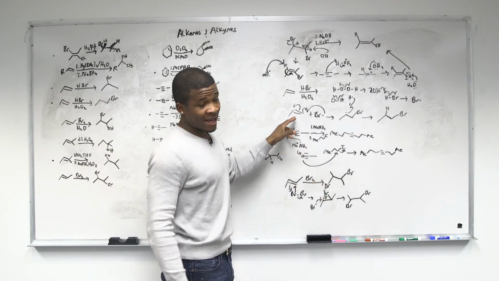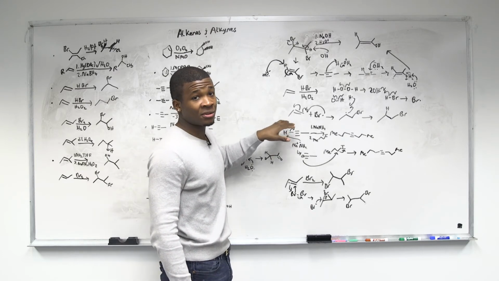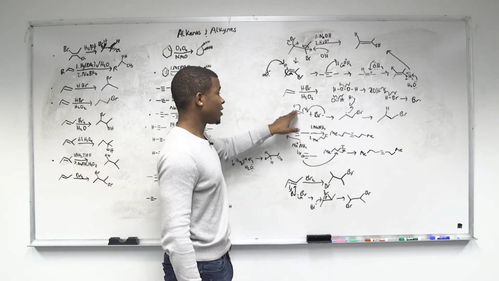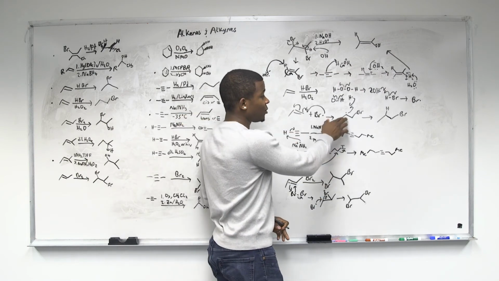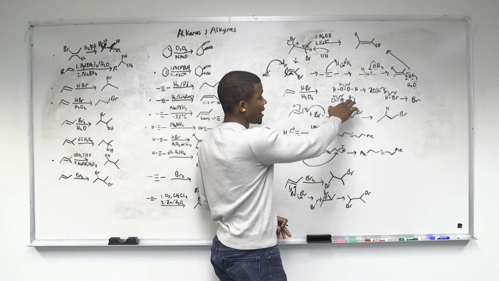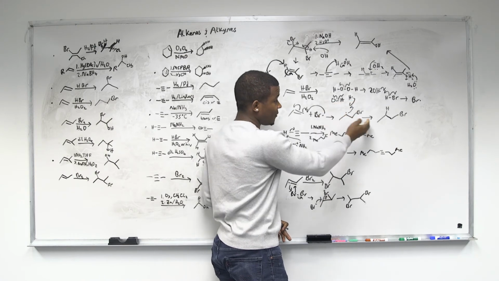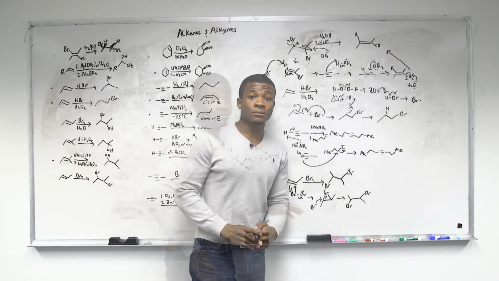This happens because radicals are just like carbocations. They're going to find the most stable position, and a secondary carbon is more stable than a primary. The radical that is now at the secondary position is going to react with the hydrogen radical from the OH, effectively producing our bromo alkane.